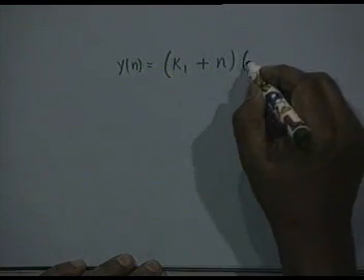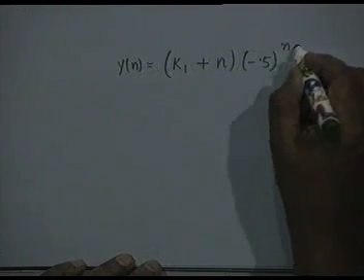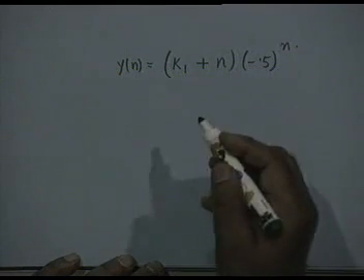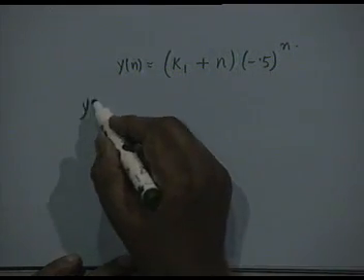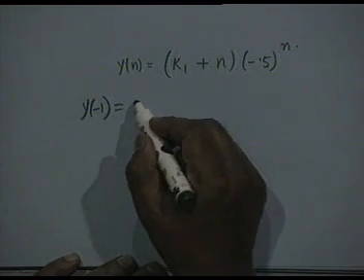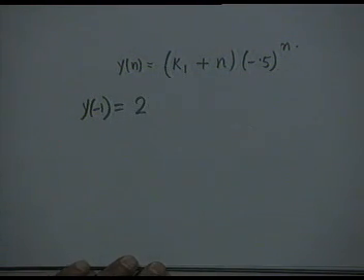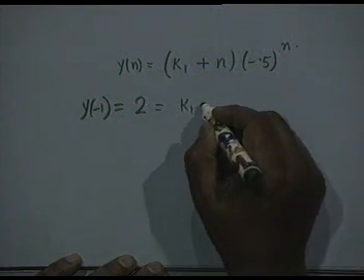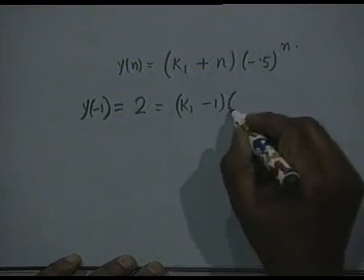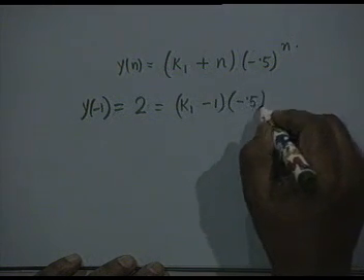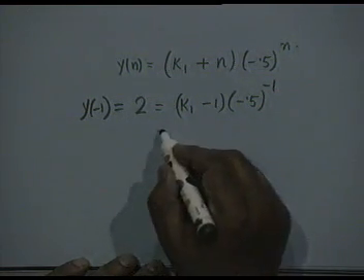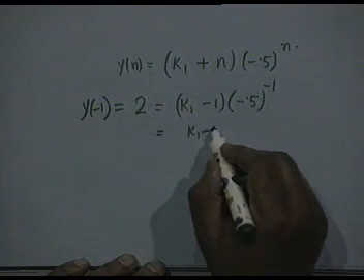So, k plus n minus 0.5 to the power n, all right. And at this point you introduce the initial condition y of minus 1, same initial condition equal to 2. If you put this, then you get k minus 1 times minus 0.5 to the power minus 1, all right.